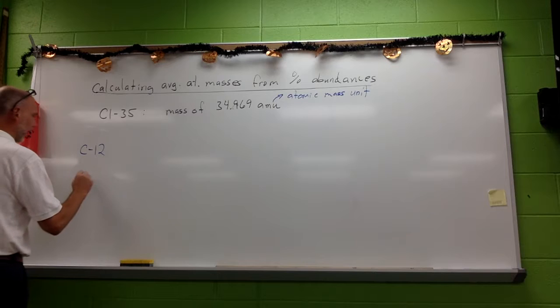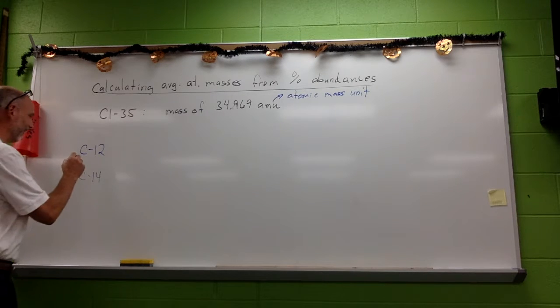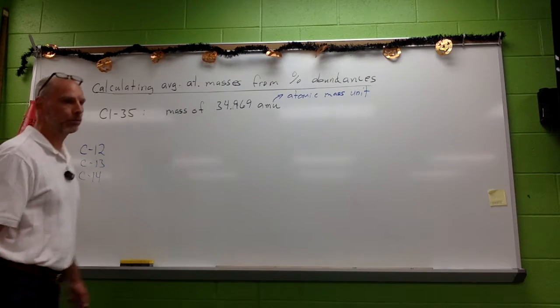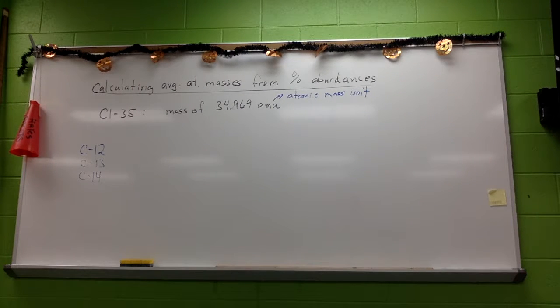So yes, carbon-14. However, it turns out that is a very, very small percentage. It has a very small relative abundance or percent abundance. Does anyone want to take a stab at what the other one is? Carbon-13, also a very small proportion of all the carbon that exists, but it's not as radioactive, and so it's not as useful for carbon dating.